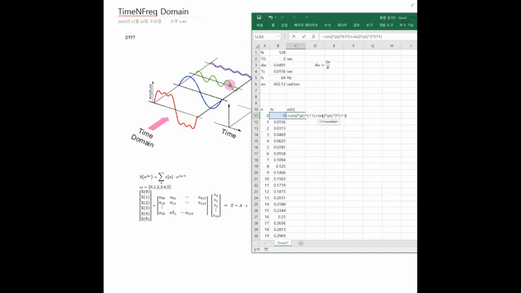But I have to scale down by 1 over 3. So this one is 1, this is 1 over 3, and 1 over 5th. Another one is the 5th harmonic component, that is sine 2 times pi times frequency 5 Hz and the time index, and that should be scaled down by 5. So this is the red curve.